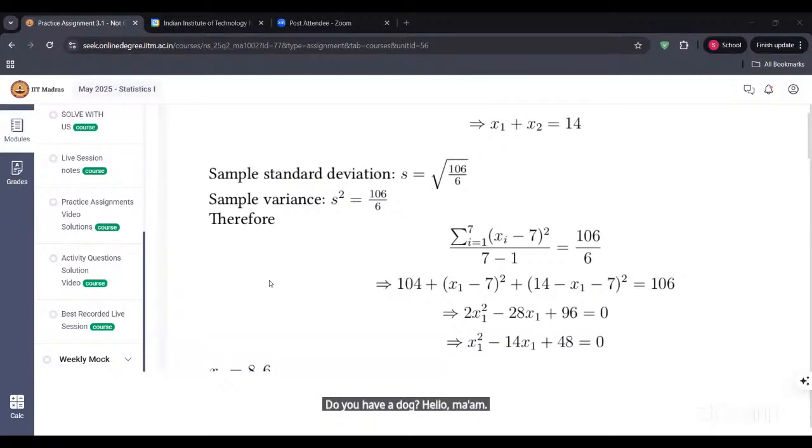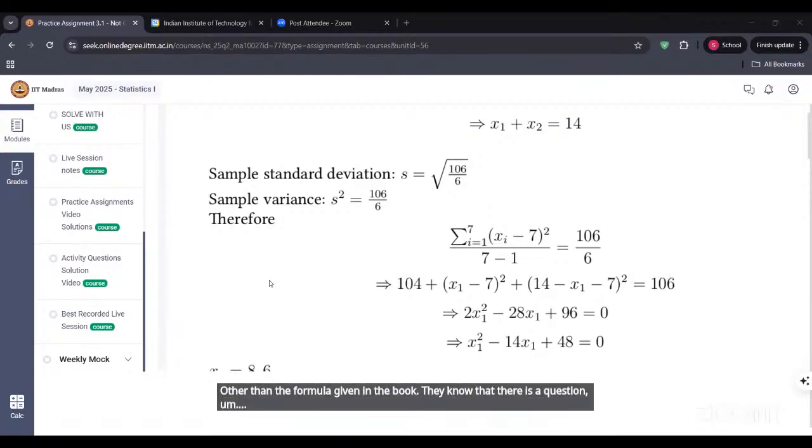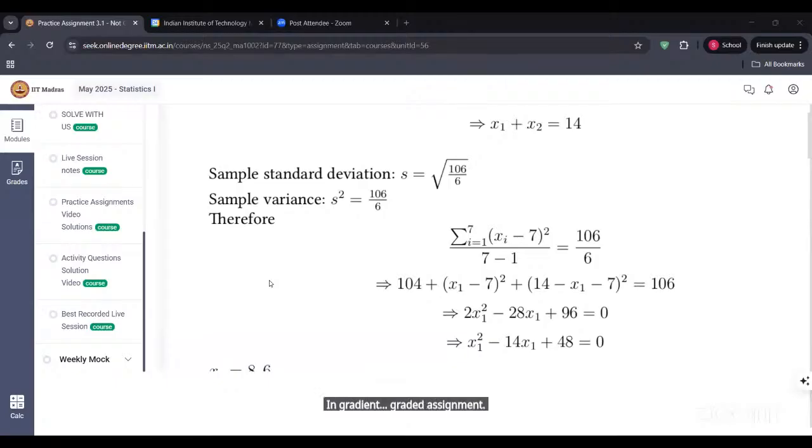Is there any formula other than the one given in the book for calculating the sample variance? No. Because there is a question in the graded assignment.